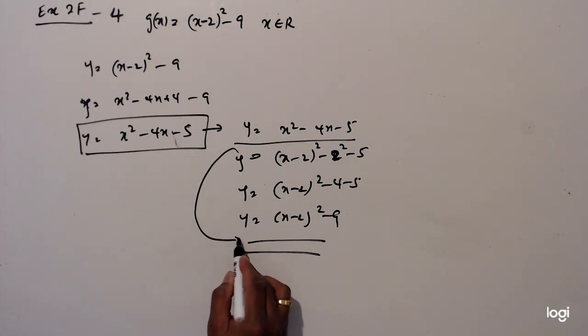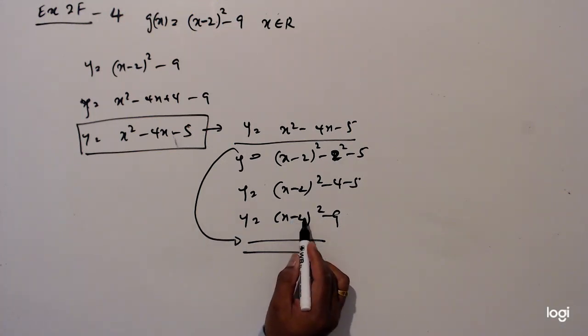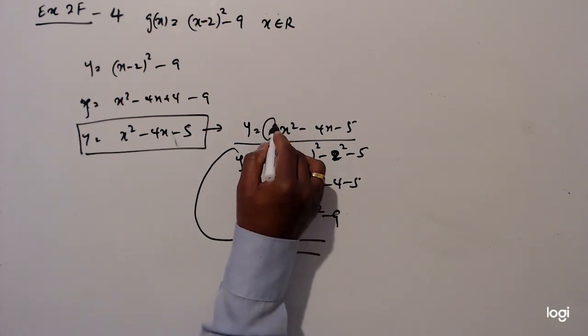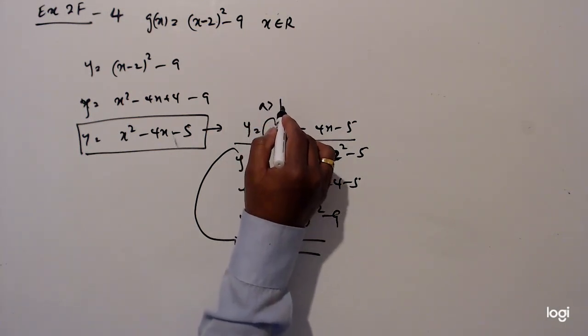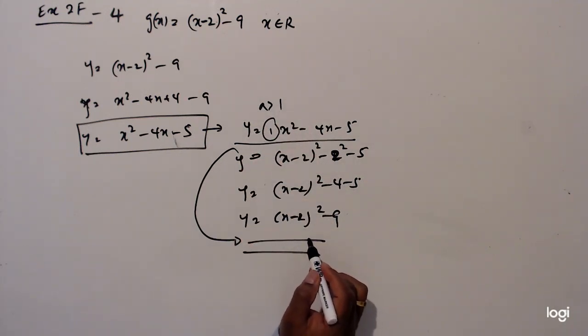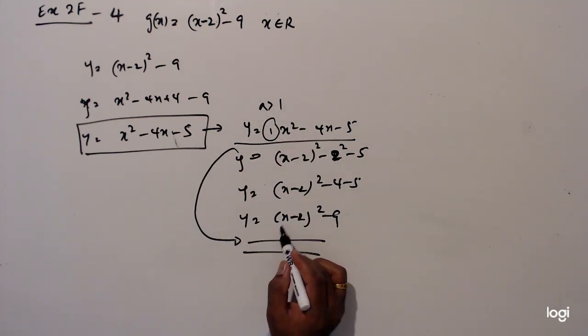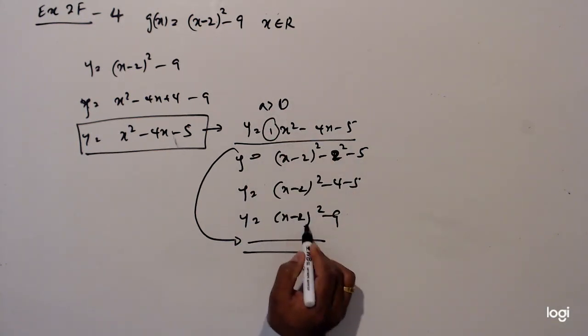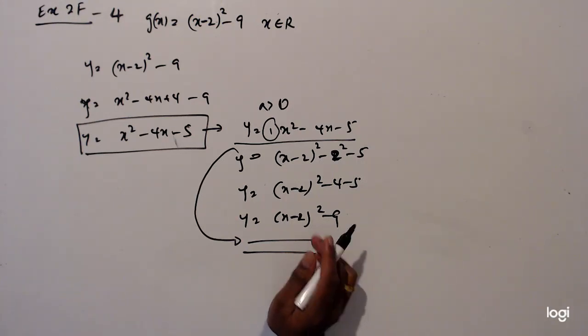We complete the square to find the minimum or maximum point, and we know this value a is greater than 1. So this is positive. So this is a quadratic graph with a minimum.